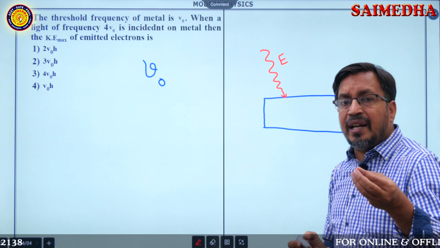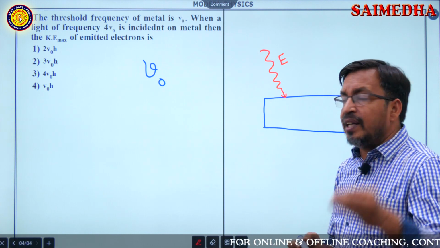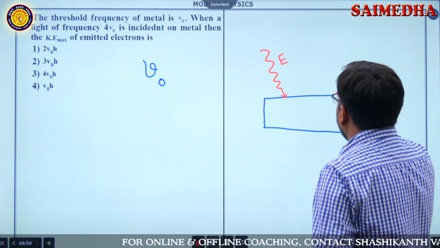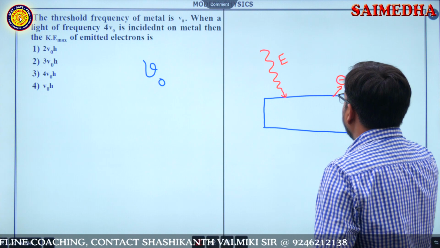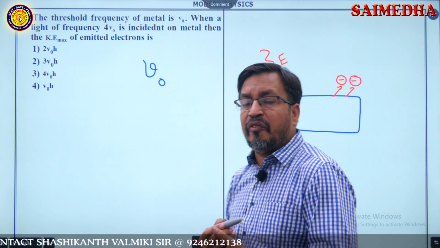When light is incident on a metal surface, what happens? Electrons will be emitted from the metal surface.